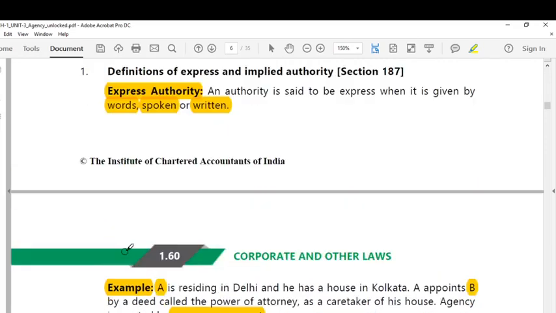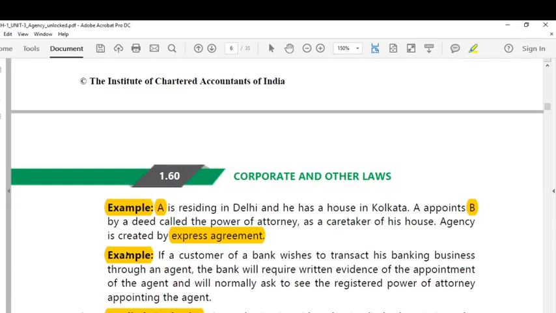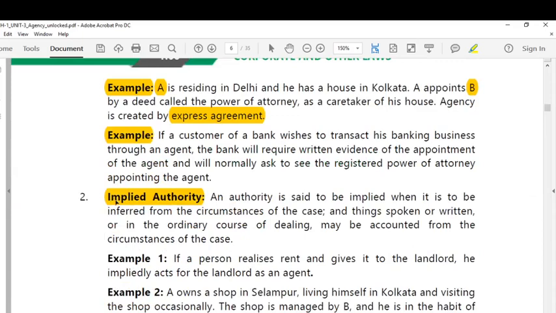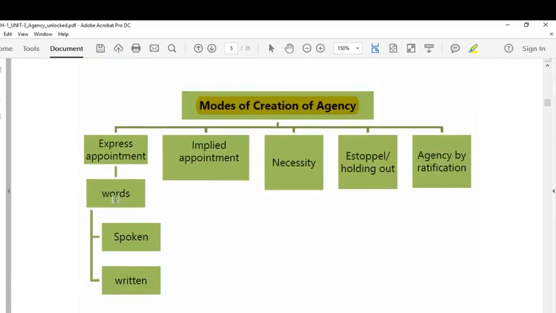Right. So the first mode is by express authority, and the second one is by implied authority. By implied authority, how will an agency be created?